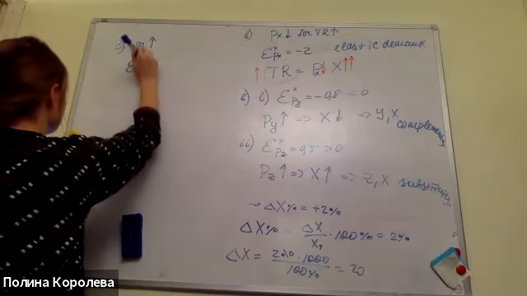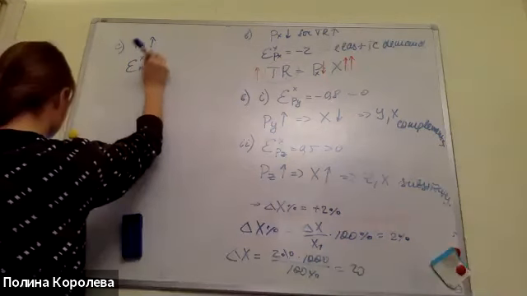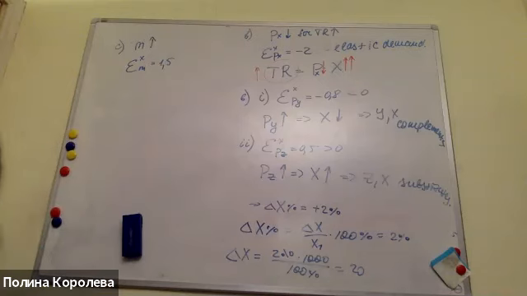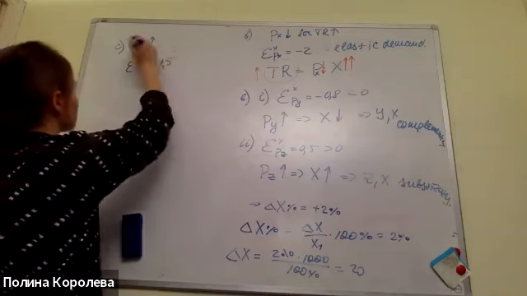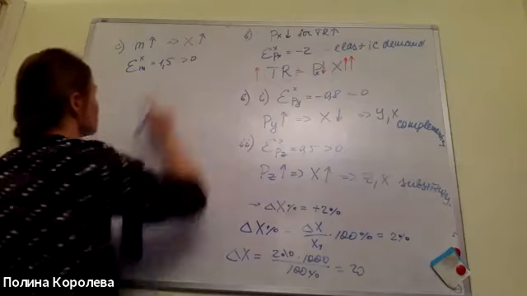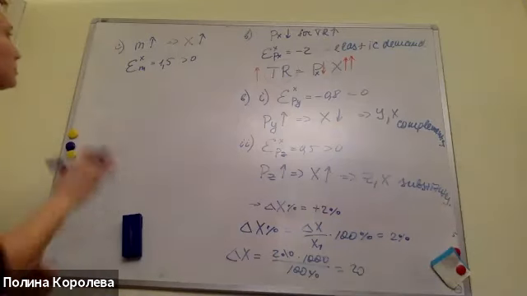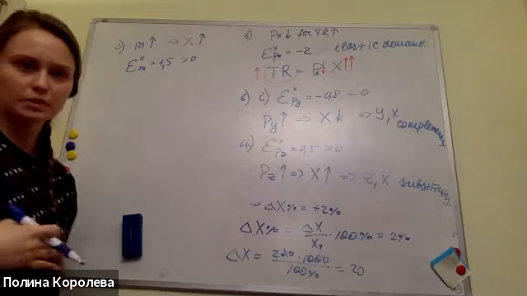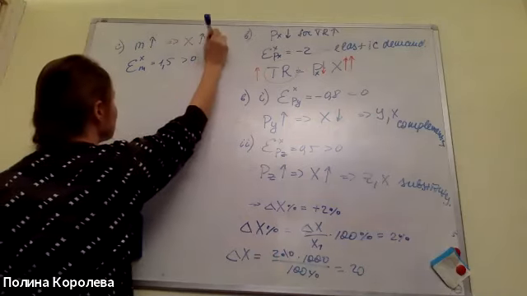Elasticity of good X by income equals 1.5. So what can we say? If income increases, then the quantity demanded of X increases, because it's greater than 0. So we make the conclusion that it is a normal good, not inferior. Normal good.